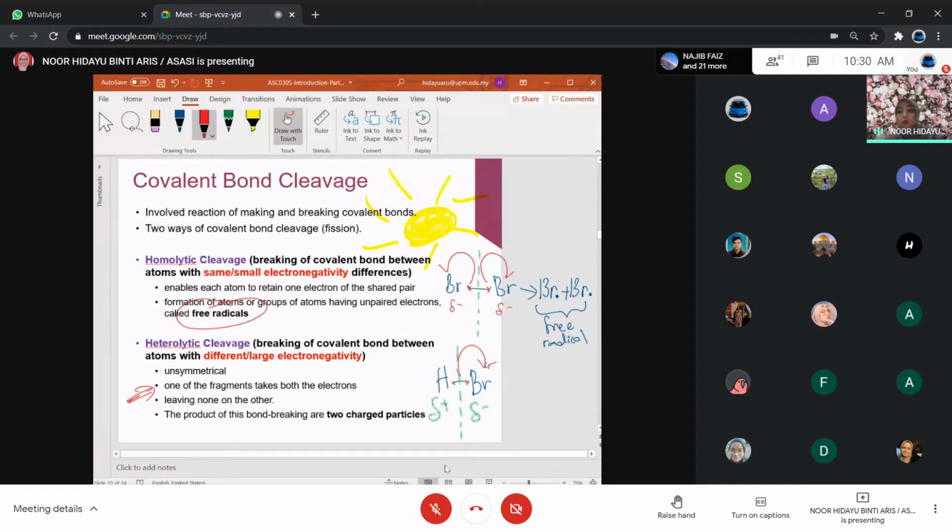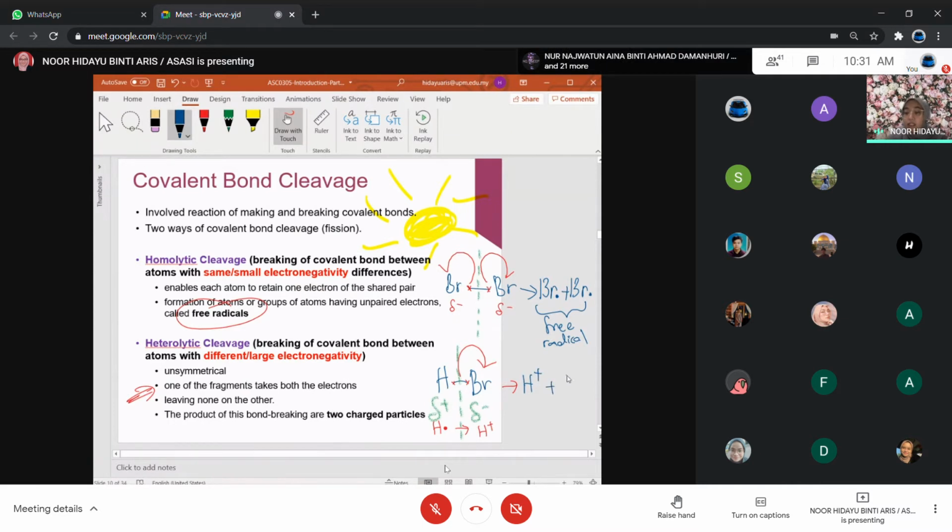Okay, kedua-dua kepunyaan bromine. So hydrogen ni what happen? Daripada dia ada satu elektron, dia derma dia punya elektron dekat bromine, dia tinggal apa? Kosong. So kalau kosong, kalau donate elektron dia punya charge apa? Positif. Positive. So that's why yang akan produce kat sini adalah H plus.